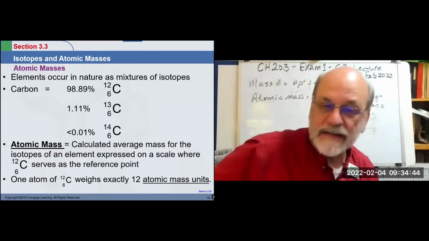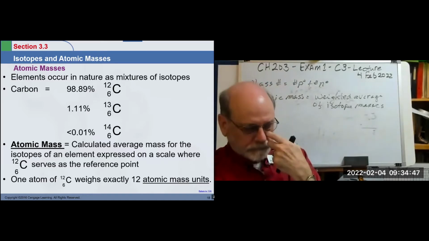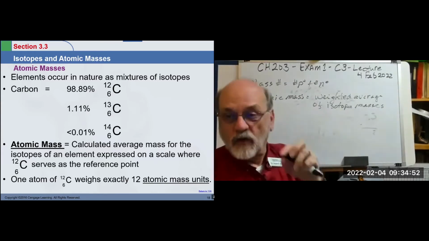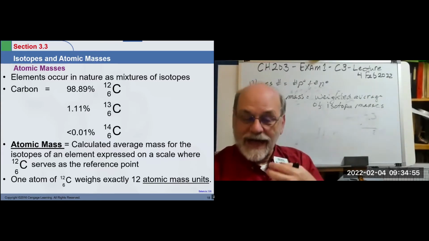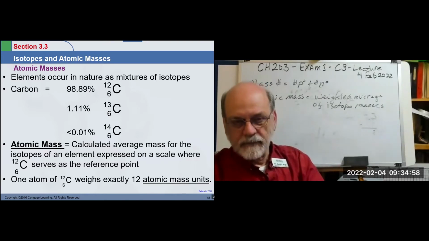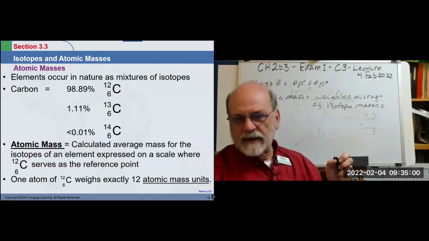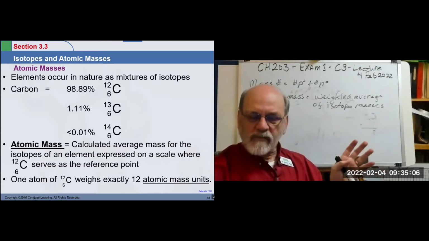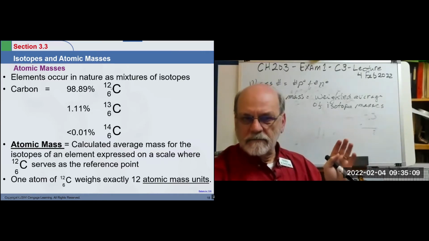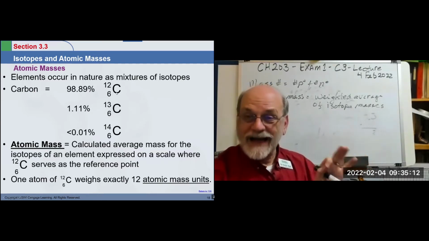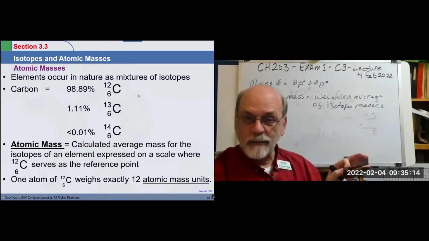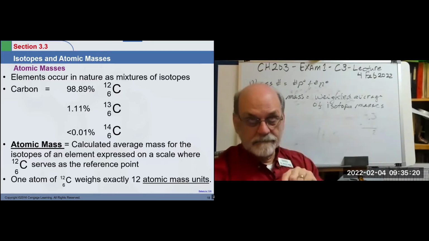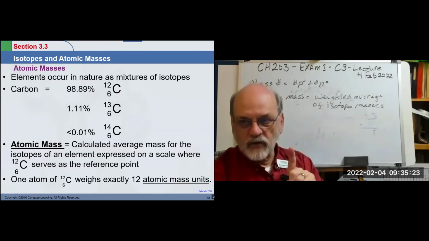Okay, so we need to know the individual masses of the isotopes, and then their relative abundance. This example, I don't want it to confuse you, because the only atomic mass for an isotope in this group of 3 carbon isotopes that is a whole number is carbon 12.